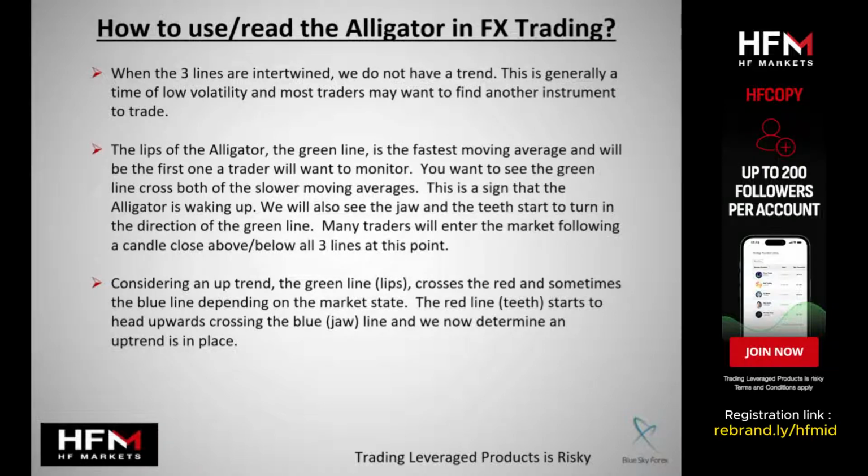And if you also see the jaw and the teeth starting to turn in the direction of the green line, then it is a sign that indeed the alligator is potentially waking up, and you should be getting ready for a potential trading opportunity.